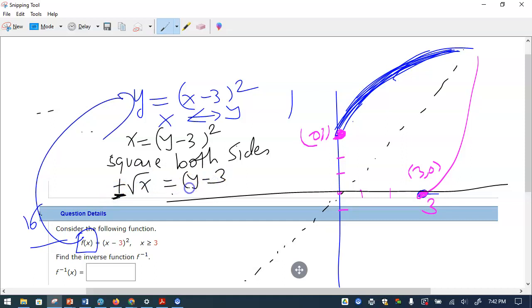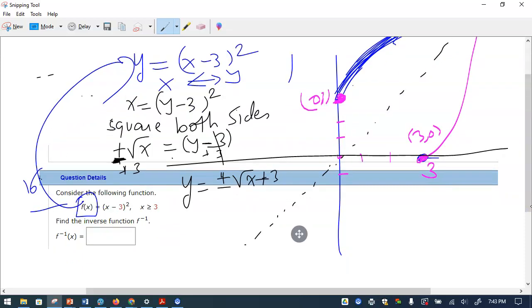Now the question is, should I take minus or plus? That's the question here. So this is y minus 3, and then you have to add 3. So y is, this 3 goes away, and you get plus or minus the square root of x, plus 3. Now how do we know whether it is plus or minus?